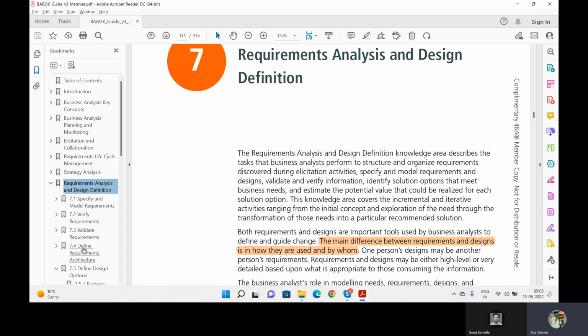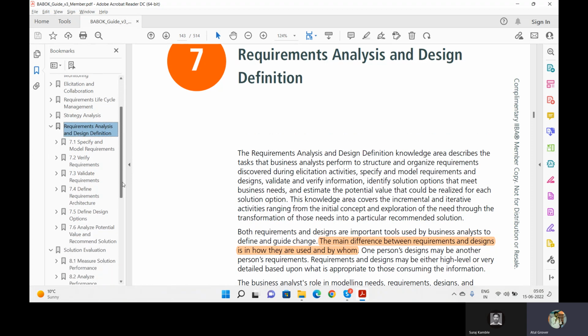Then you have to define the architecture, how this is going to be implemented and how these requirements are interrelated. And finally, define design options, the best way to do that part. And number 6 says analyze the potential value from the recommended solution.